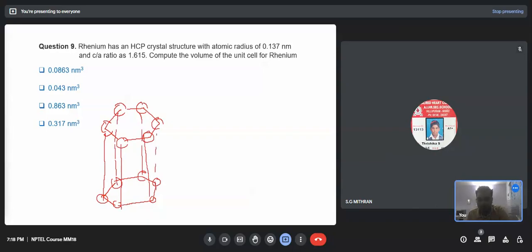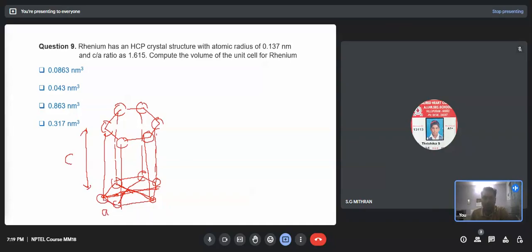Here we'll divide this portion into six parts. Okay. And here, C is this length, HCP cell length, height, and A is the distance between two atoms.